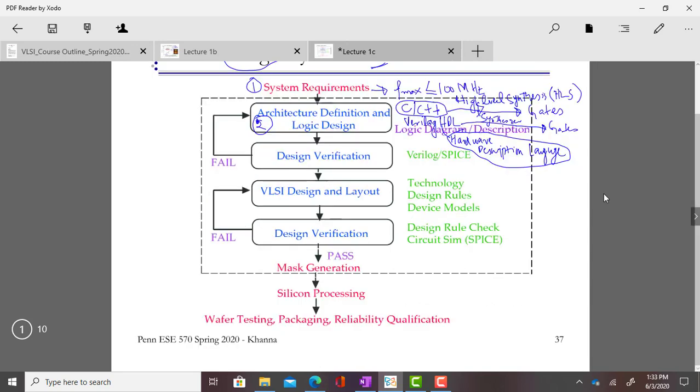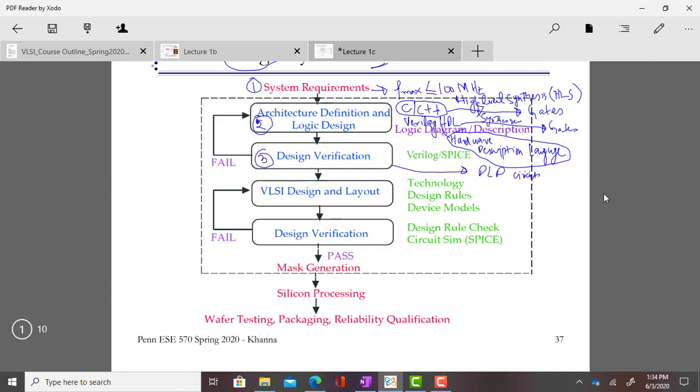Now the third step is design verification. What we mean by design verification is that we have a circuit, just like we had circuits in DLD. So DLD circuits, which consist of gates, and those gates we get from step number 2. Remember that you cannot synthesize large circuits without these softwares.